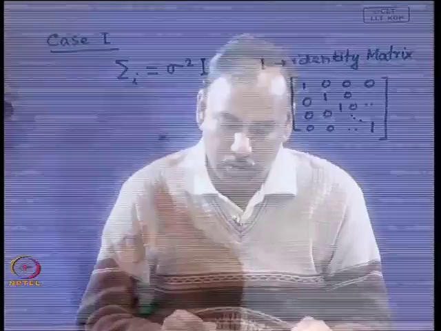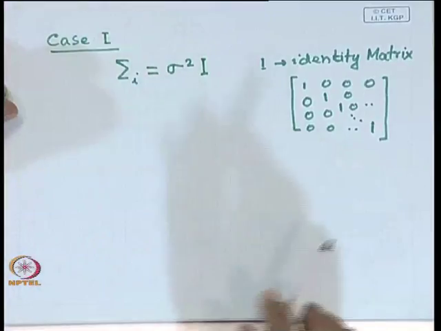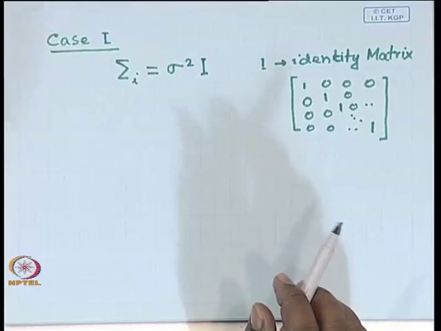And the shapes and sizes of all the different clusters are the same, because the variance is the same. So, that is what is meant by this sort of covariance matrix.